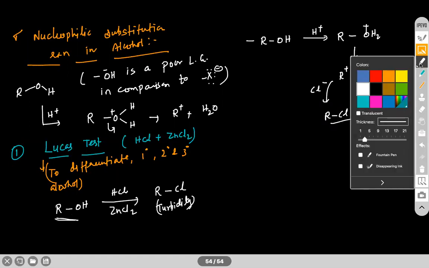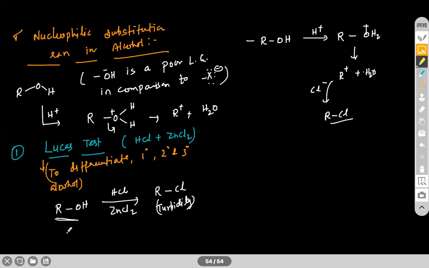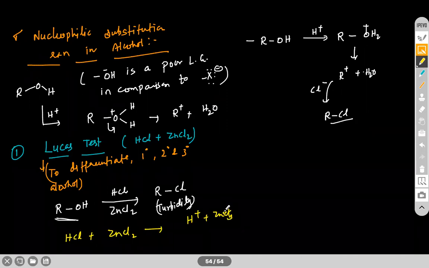Since we have ZnCl2, ZnCl2 behaves as Lewis acid here. ZnCl2 takes this HCl, and we get H plus and ZnCl3 minus. This H plus comes over here, reacts with this, forms carbocation.